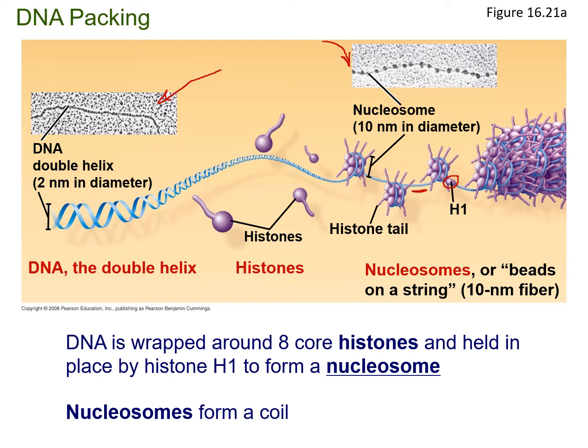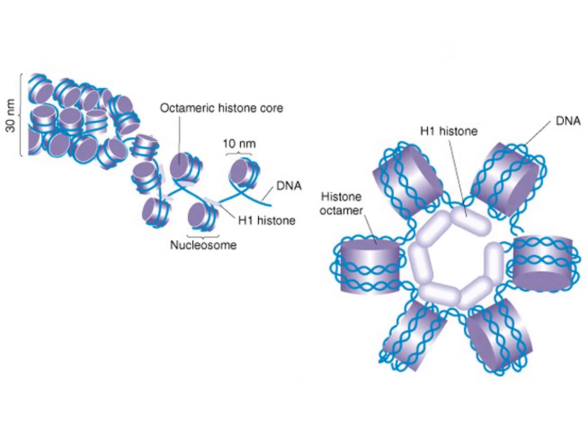Now, why is this important? Well, DNA has to be condensed remarkably prior to cell division, and what happens is all those histones come together. So the DNA is wrapped around those histones. The histones are positively charged. DNA has a slightly negative charge, so they stick together quite nicely.